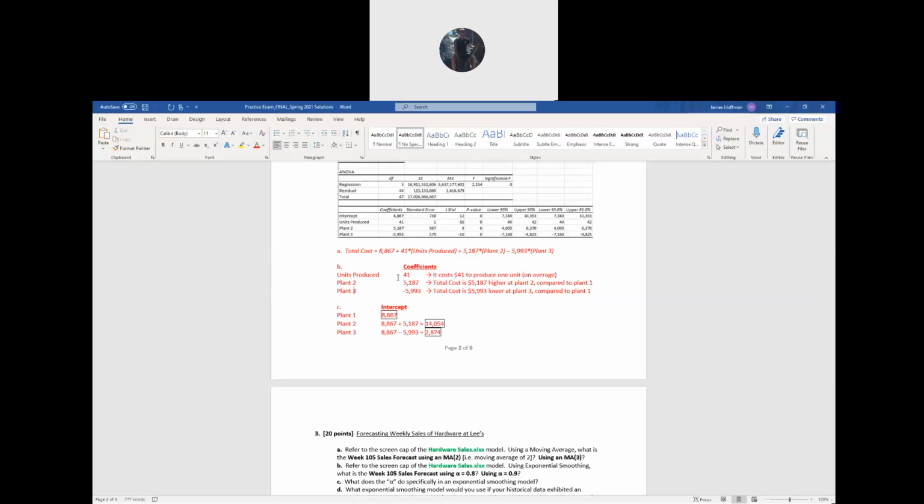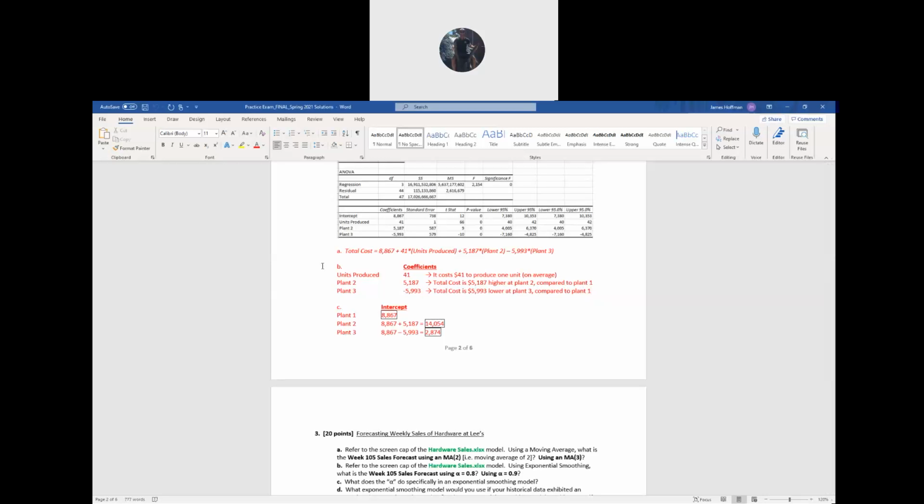And then the other one is nice because it shows you a minus, which means it's lower, all right? So this coefficient for plant 3, negative 5,993, means that it's lower compared to plant 1. So total cost is 5,993 lower at plant 3 compared to plant 1.